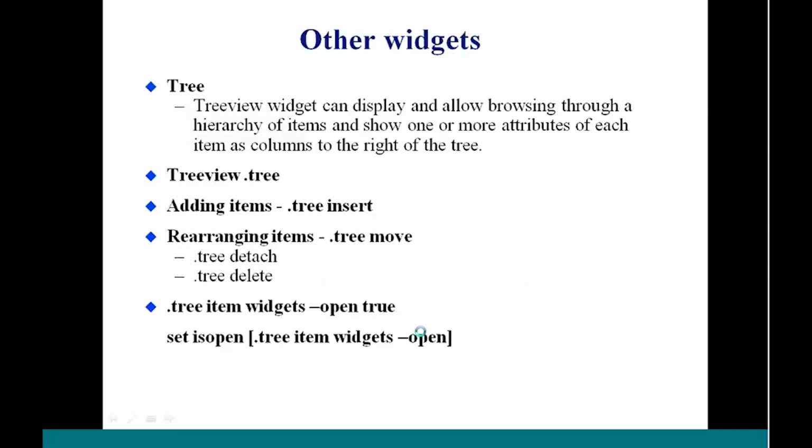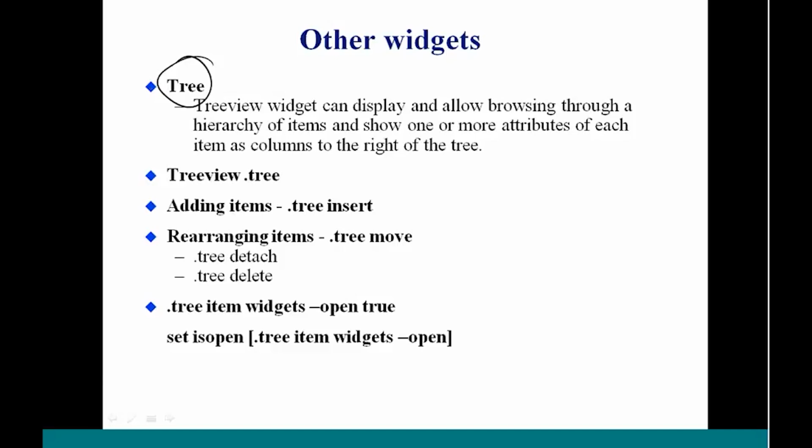Now it is there. And then the other widget that we haven't really touched upon, but I really want you to understand and try to read up on, is the tree widget. This is very common when you look at your Outlook mail or any kind of lists. The views that are displayed are based on the tree.